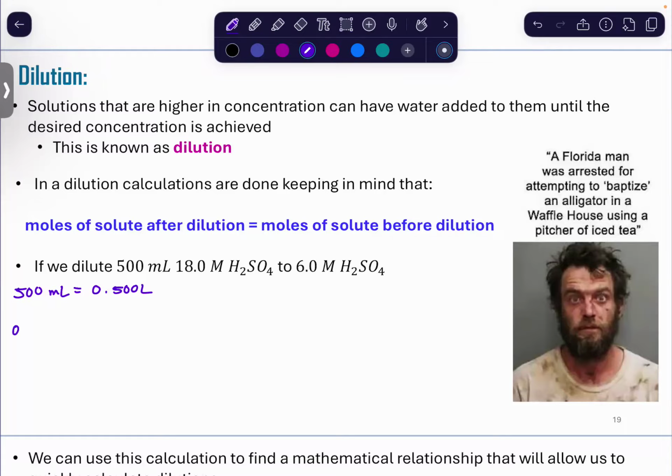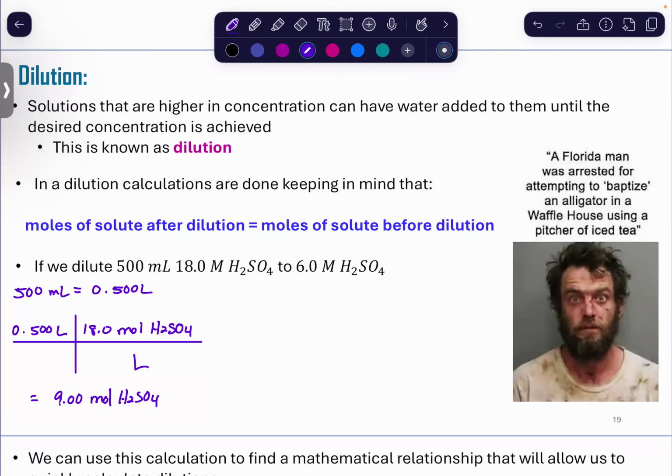So if I have 0.5 liters of my sulfuric acid, and my original sulfuric acid is 18 moles per liter, and I calculate this out, this is going to give me 9 moles of sulfuric acid, and that's what's going to be in both solutions.